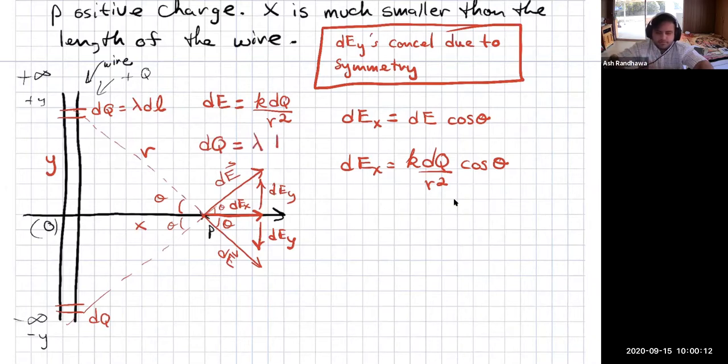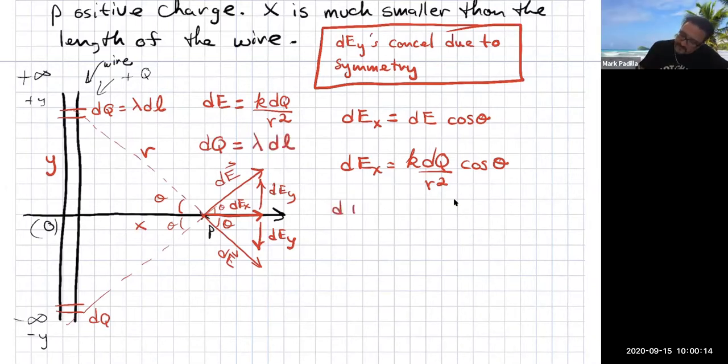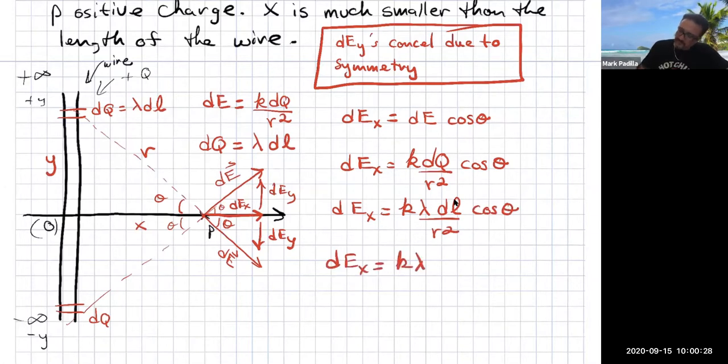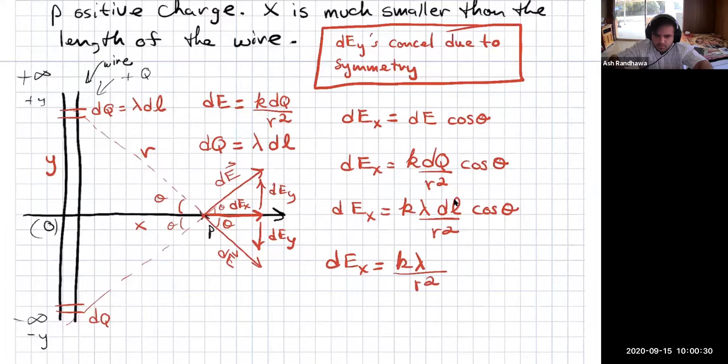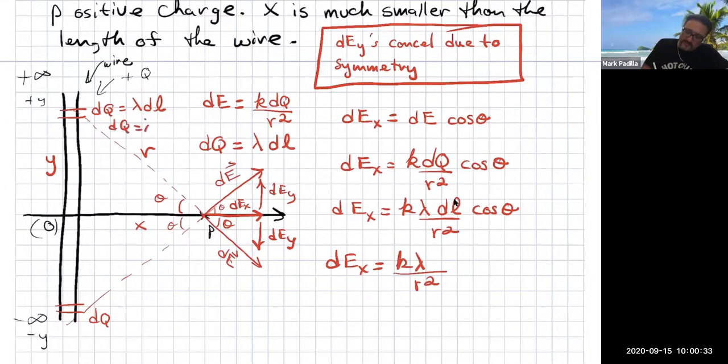Lambda times dL. dEx is equal to k lambda dL over r squared cosine theta. But what dimension is L in? The y. Yes. We can write dQ as lambda dy now, because now we know it's in that one dimension. Before in the ring problem, that dL was just this little tiny miniature arc length. Now this is in one dimension, so we can say dL here is dy.